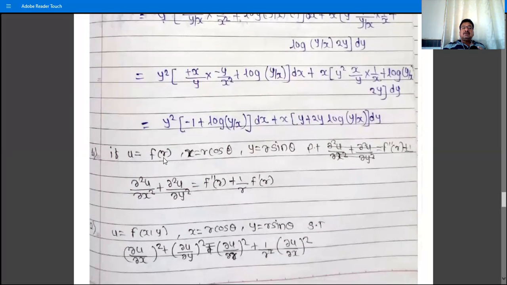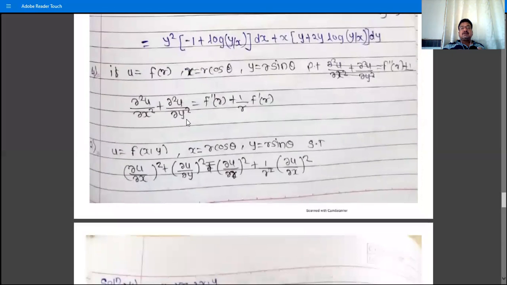Then if u is f of r, that is, u is a function of r, and x is r cos theta, y is r sin theta, prove that ∂²u/∂x² plus ∂²u/∂y² is equal to this. So u is actually f(r), but x and y are functions of r. So u is actually a function of x and y, because what is the value of r?